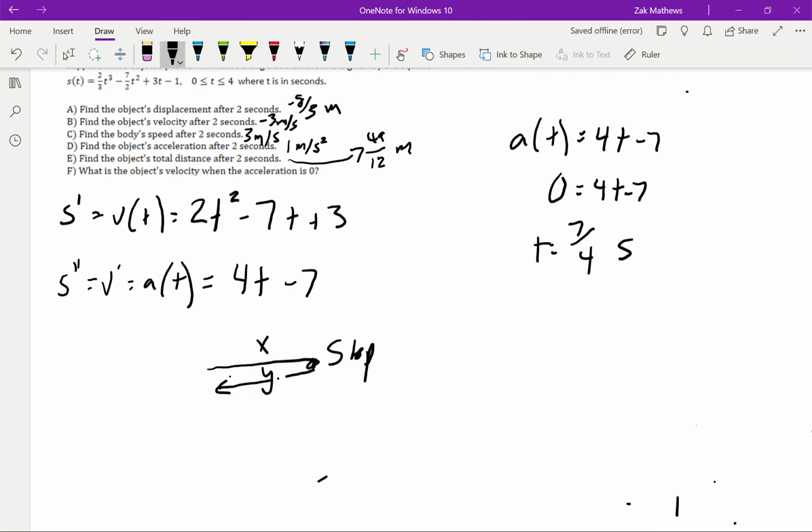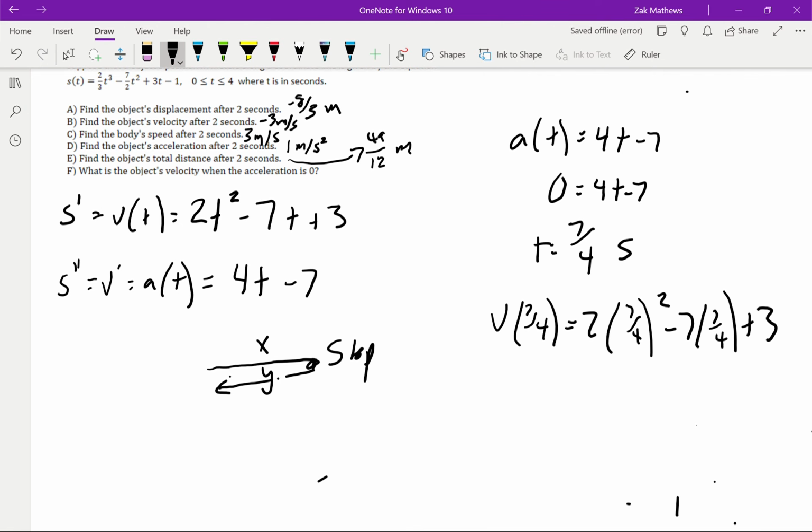I wanted to know the velocity at that time. So now I'm going to take the 7/4, plug it into my velocity equation, which was the upper one over here, the 2 times 7/4 squared minus 7 times 7/4 plus 3.